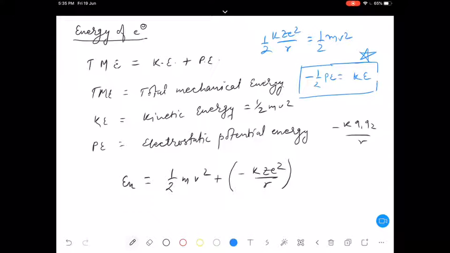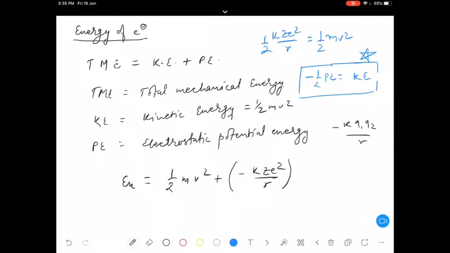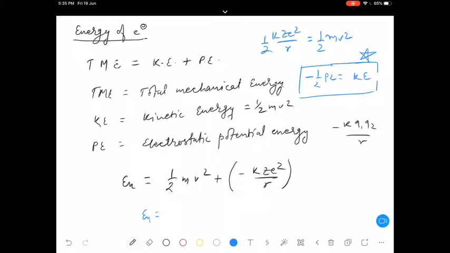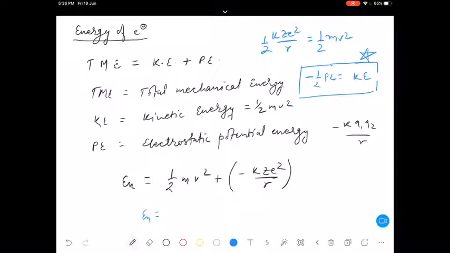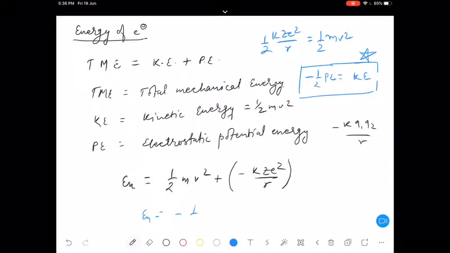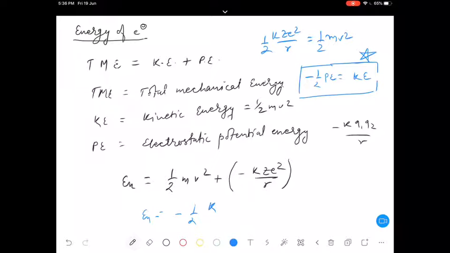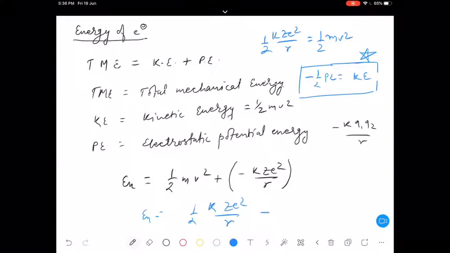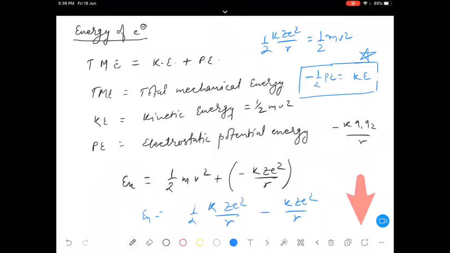So if I put this expression here, I could write En as kinetic energy, half of mv square, which can be written as half of k z e square by r, minus k z e square by r. Is that right?